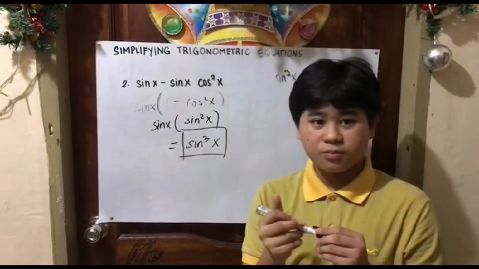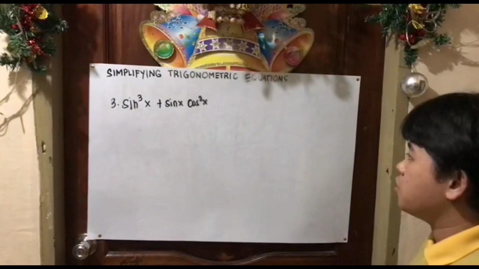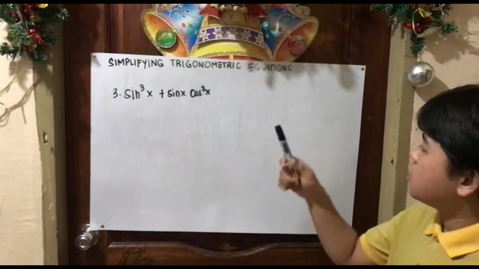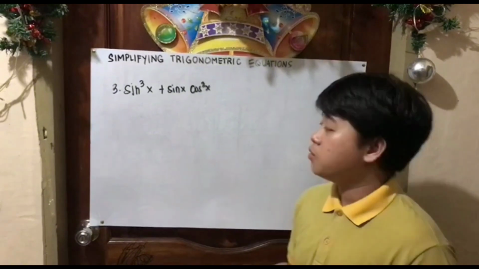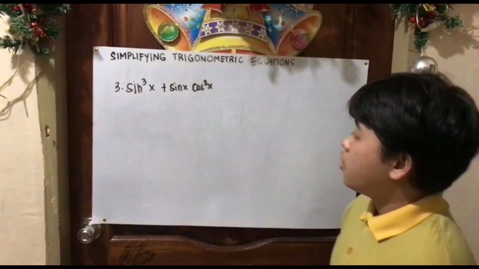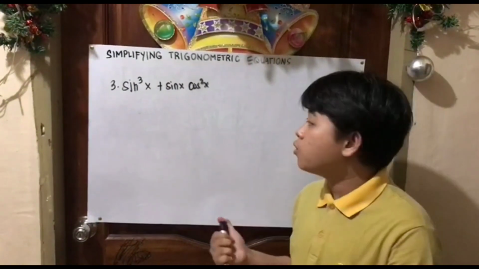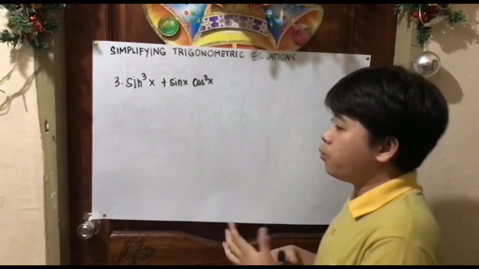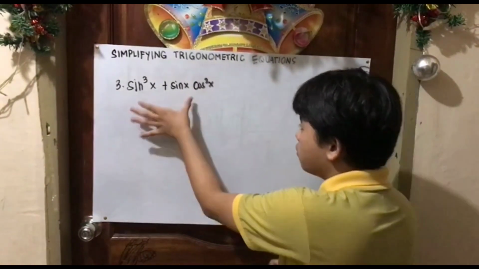Now we are on our third example for simplifying trigonometric equations. So we have here sine cubed x plus sine x cosine squared x. As you can see, it is in the sine and cosine format, so we don't need to convert. All we need to do is look for the common factor. Same as before in our example number 2, we have the common factor of sine x also.